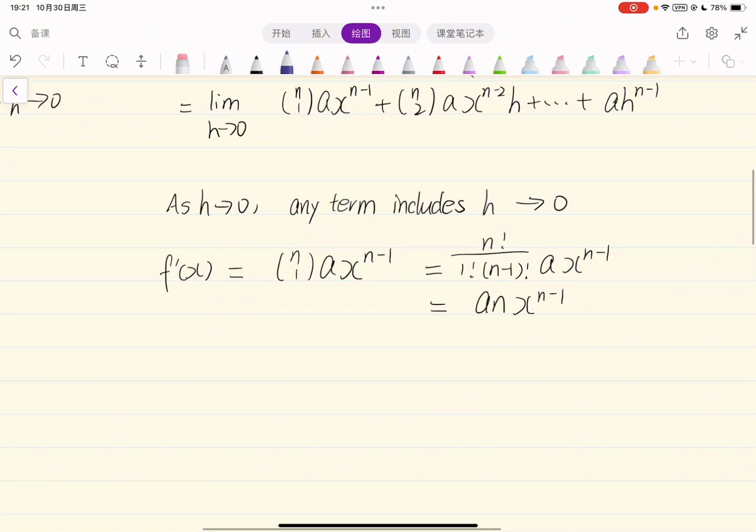Therefore, we get that the derivative of a times x to the power of n equals a n times x to the power of n minus 1.